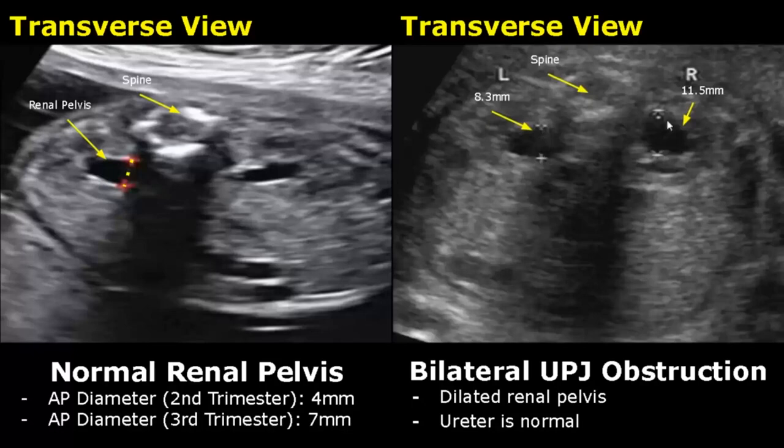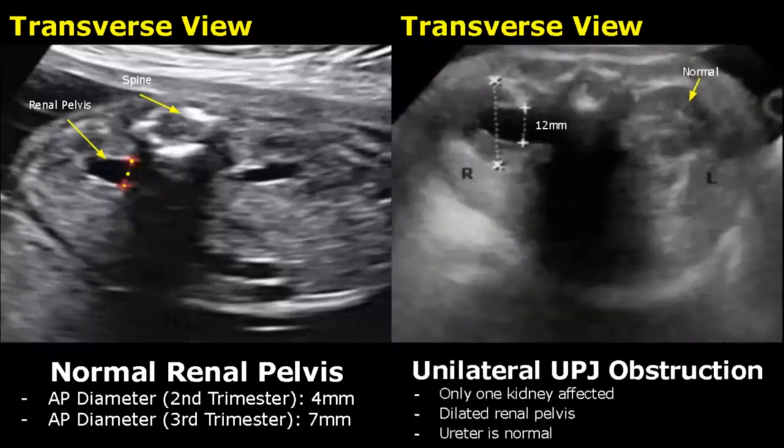Here we have bilateral UPJ obstruction. It involves both the kidneys and the ureter will be normal. It will not be dilated. In a unilateral UPJ obstruction, only one kidney is affected. This kidney is normal.